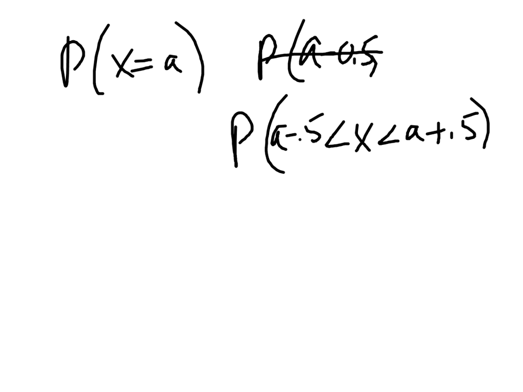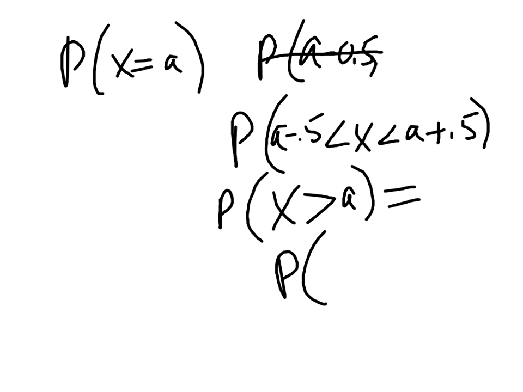All right, and I'll do one more here. Let's say it's the probability that x is greater than A. Then what we do is this is equal to the probability of x greater than A minus 0.5.